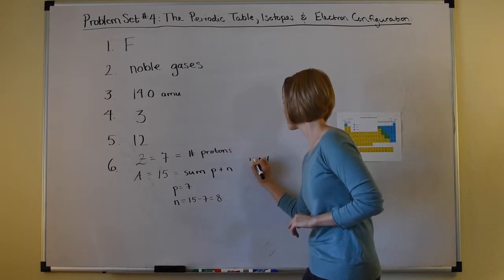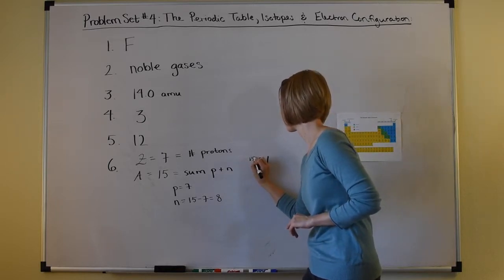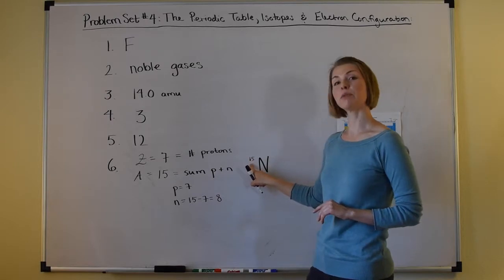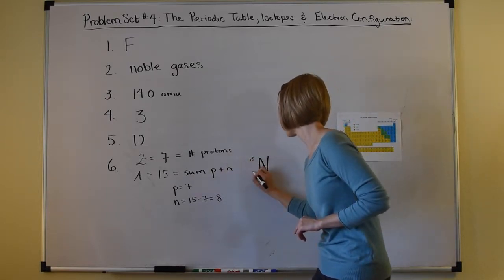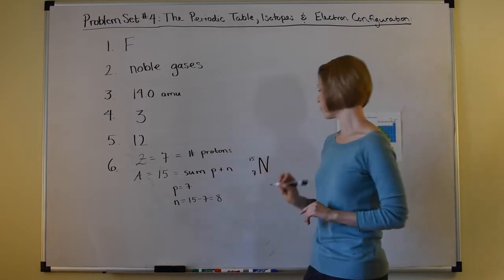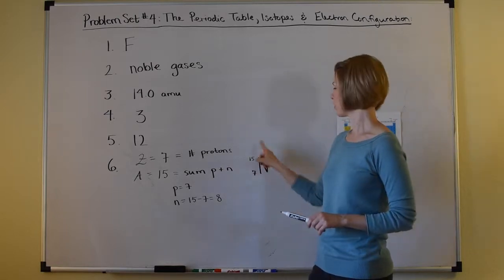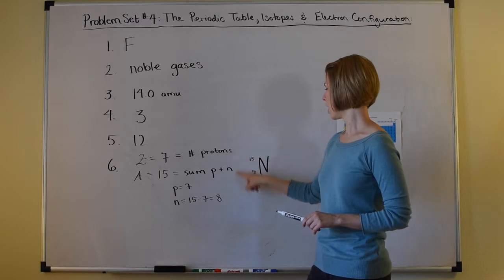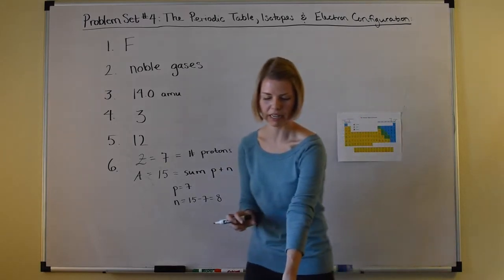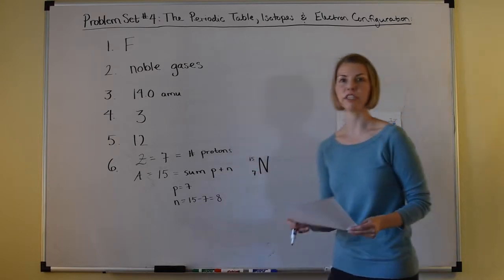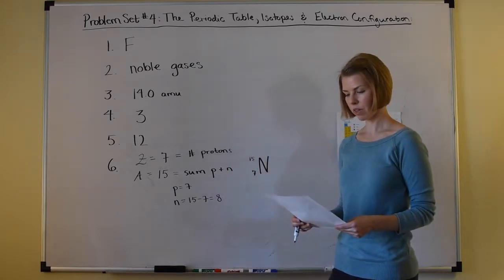So remember the mass number is a superscript written before the element symbol, and the atomic number is a subscript written before the element symbol. So this is the proper symbol for nitrogen 15, the isotope of nitrogen, which has 8 neutrons.